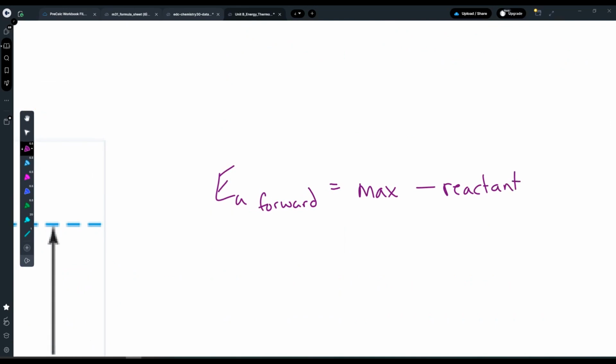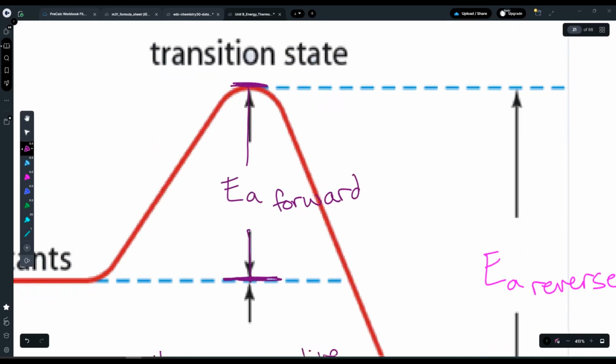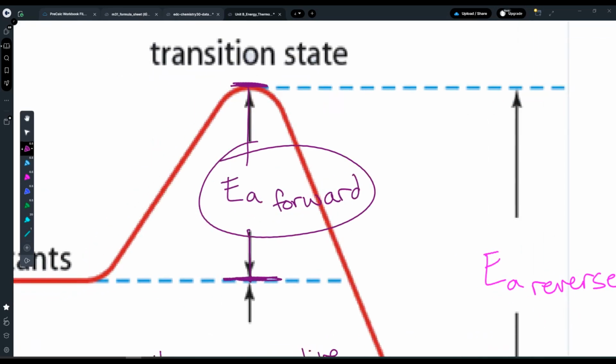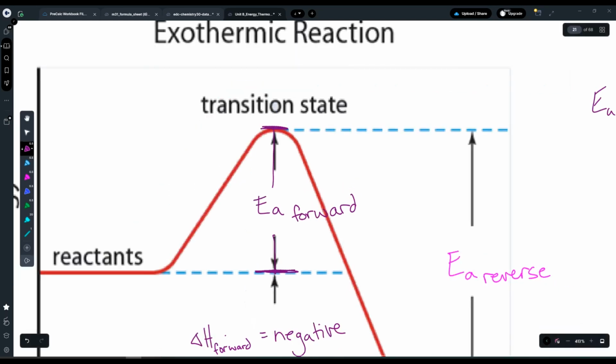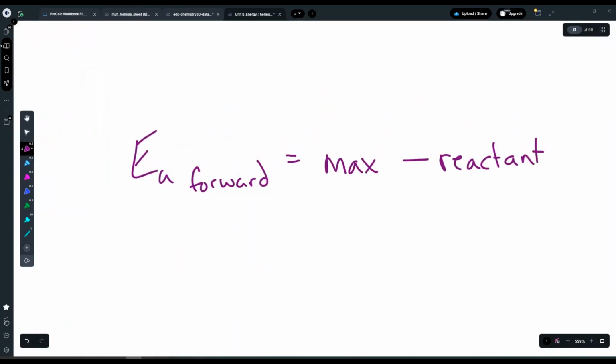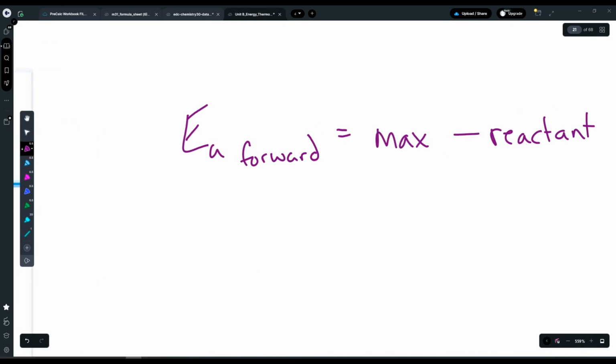All I'm doing right now is taking the diagram version of what this is and putting it into a formula so that it'll eventually be easier to calculate.